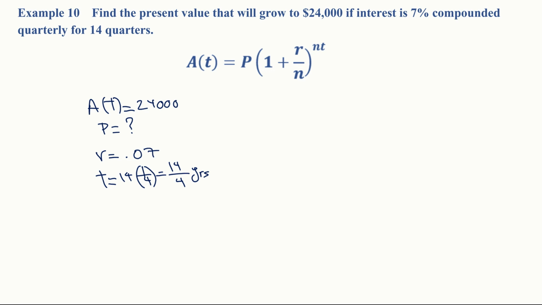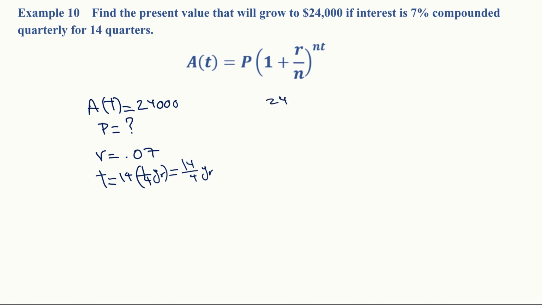Let me make it more clear so you understand. Because that's a quarter of a year, right? That's how you end up with 14 over 4 years. Now we're going to plug in everything that we know.